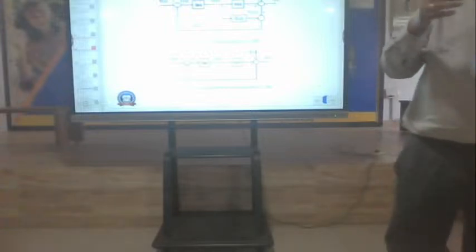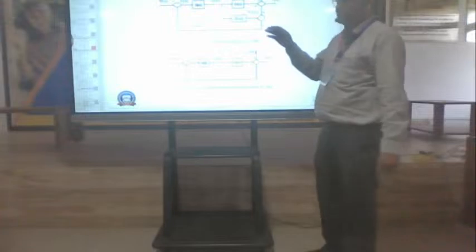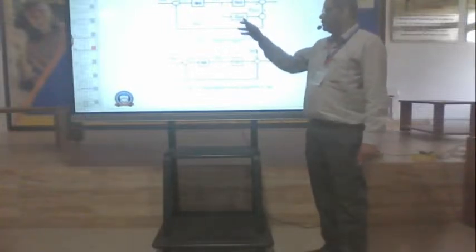Normally a system will have both unstable poles and stable poles. Take 1 by (s+1)(s-1) as an example transfer function. 1 by s plus 1 is a stable pole because it lies in the left half plane. 1 by s minus 1 is an unstable pole because it lies in the right half plane. In the modeling part, we remove that unstable pole 1 by s minus 1 and take the model of the system.